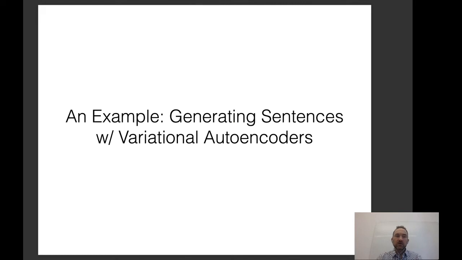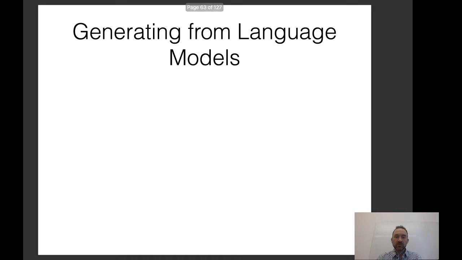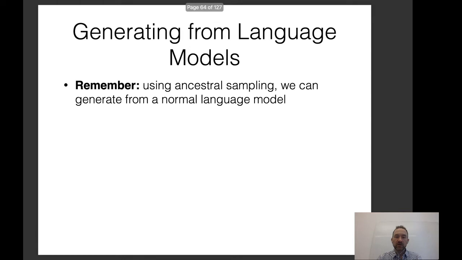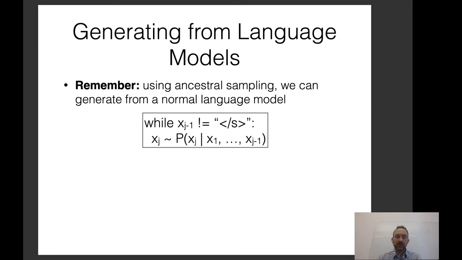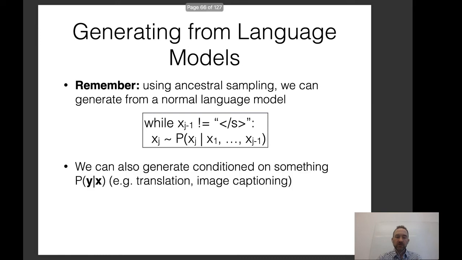So this is all general background for VAEs. So here's an example from language, specifically generating sentences from VAE-based models. So remember that using a regular language model, we can use ancestral sampling and generate.